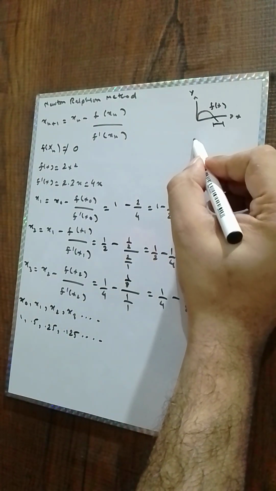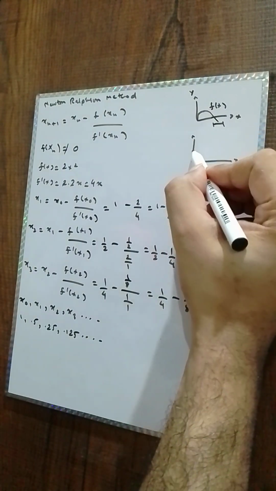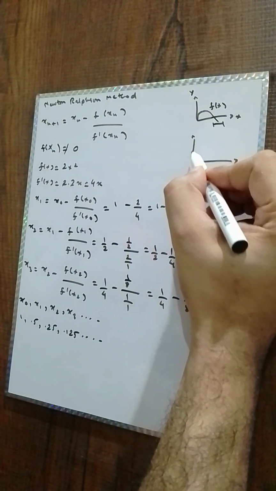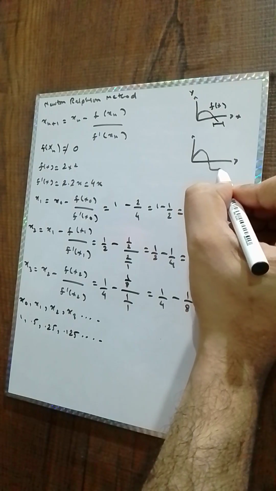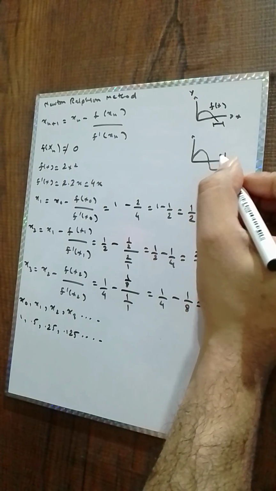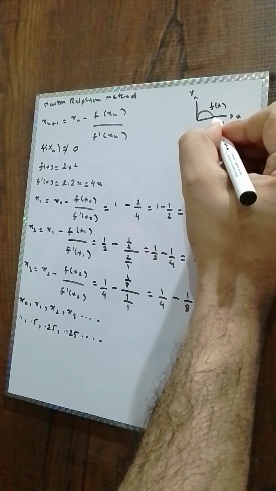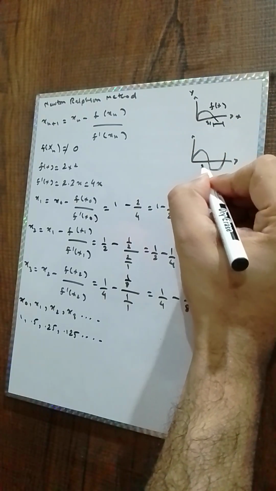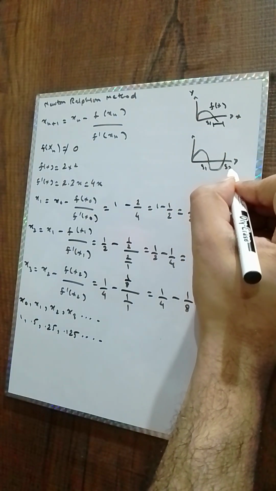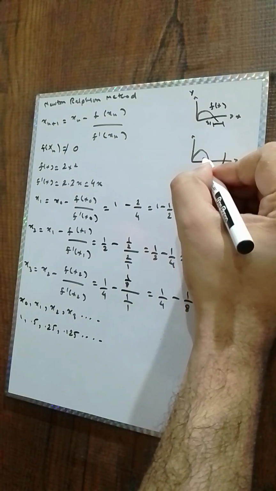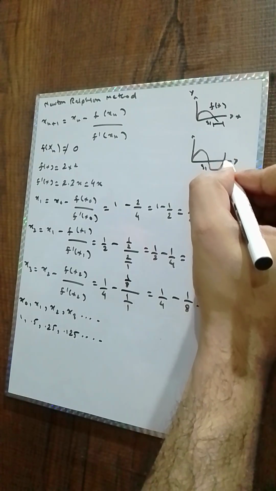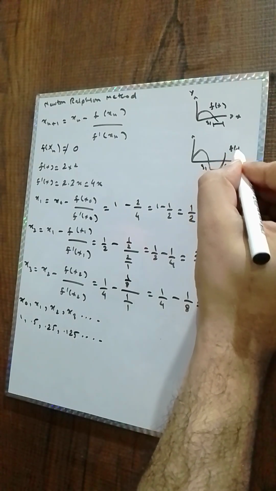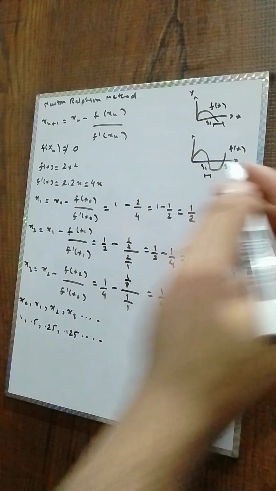And in case this function is behaving somewhat like this, it dips and cuts the axis and rises and cuts again. So we have two solutions. Here there was only one solution, here we have two solutions, S1 and S2, and then we can do further iterations, but that is a complex case.